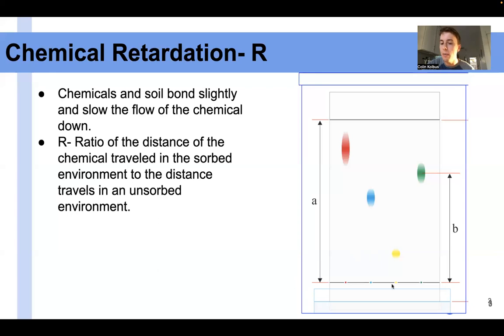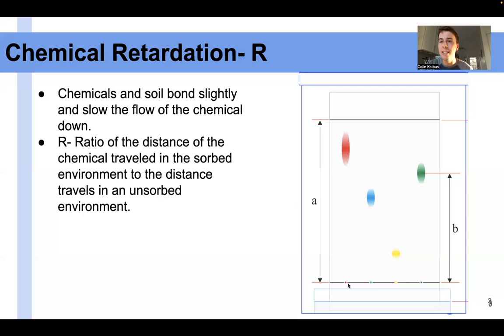So here we have just a piece of paper that's been stuck into some water, and it has 4 different dyes attached to it, all that have been retarded at different speeds. So we can assume these have all been in there at the same time.